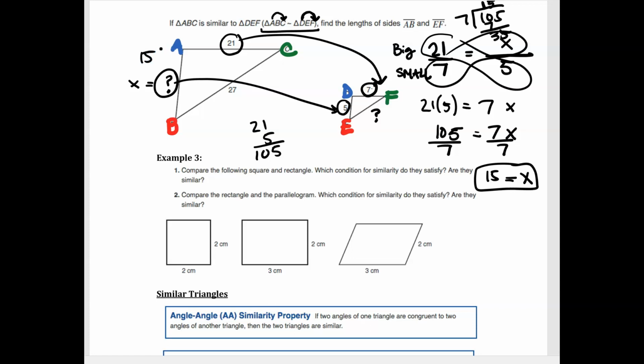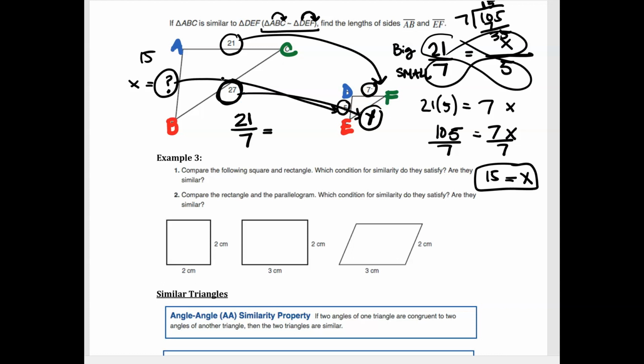Next, I want to find the other question mark. So I'm going to come and I'm just going to erase this here, and I'm going to set up the same proportion. I'm going to start by setting up the same fraction. So 21 is to 7 equals, but then I'm going to try to incorporate this other side, EF. I'm going to call this Y. And the way I'm going to do that is I'm going to take this 27, side BC corresponds to EF.